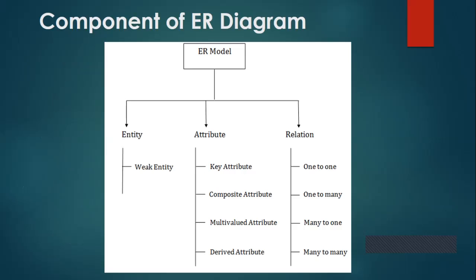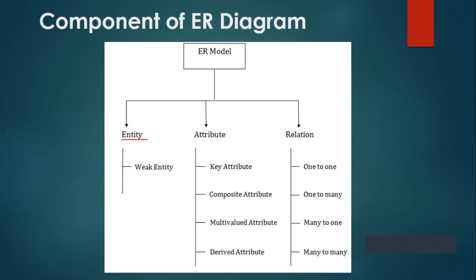Next we'll go to the basic components of an ER diagram. The ER model has entities. An entity is basically an object. It can be a student, a table, a chair, anything. Then we have attributes, which are the characteristics of those entities. These attributes are of four types: key attribute, composite attribute, multi-valued attribute, and derived attribute.